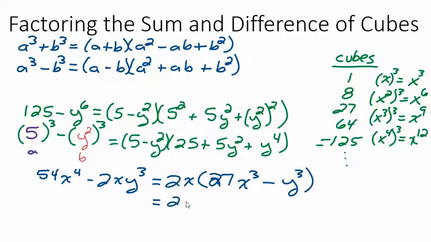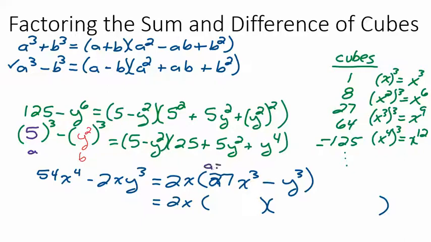So, you write down the 2x, and now you're going to factor this difference of cubes using this formula right there, because we have a perfect cube minus a perfect cube. All right, what's our a value? Sometimes this helps. Our a value is whatever cubed gives you 27x cubed.